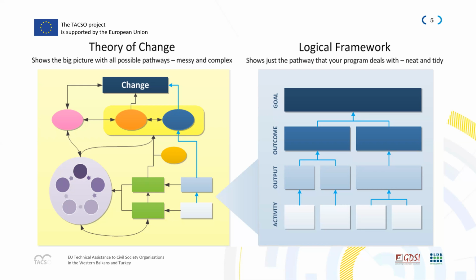And that is why, for those who are visual types among us, we have such a complex, or in relation to the logical framework, messy diagram, what the theory of change presents, because it shows us the bigger picture with all possible pathways.